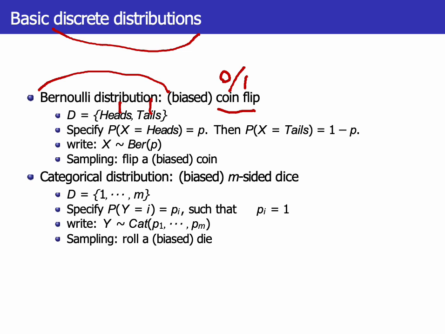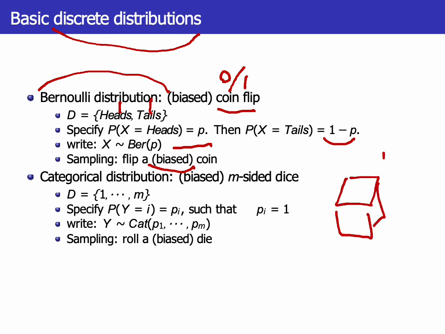So specify p(x = heads) equals p, and else tails is 1 minus p. This is a Bernoulli distribution, and the samples are a biased coin toss.